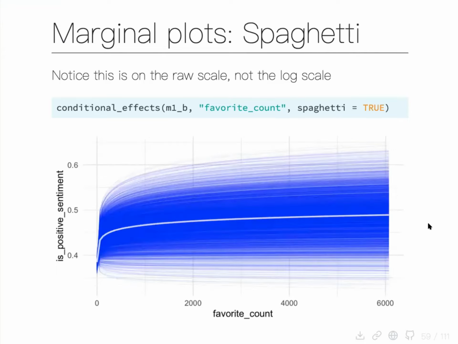You can also do an alternative view of it called spaghetti plots, where instead of that sort of cone shading, you actually draw a bunch of samples and plot each of those lines, so you can get a sense of the distribution of those lines.